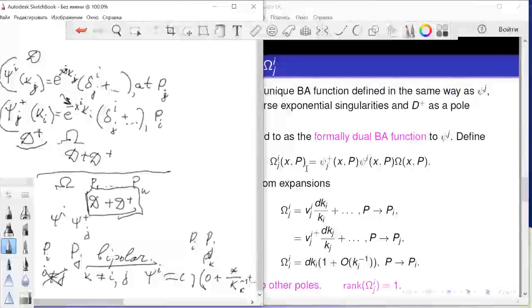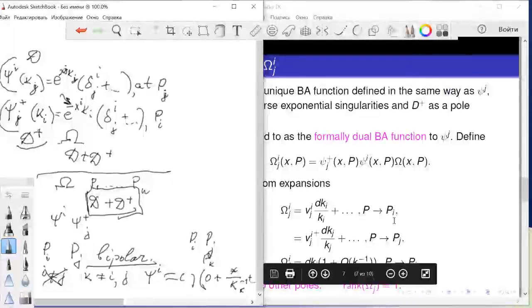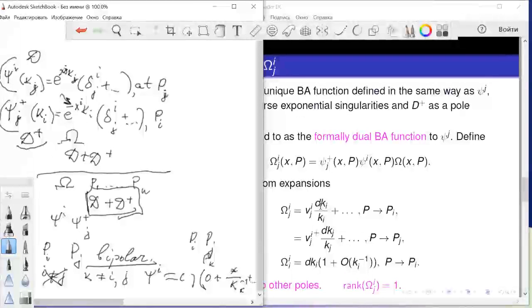This differential is just bipolar, and from the expansion it's completely clear that Vij is given just by the residue of omega ij at the point pi. So we can read our solution just from the differential omega ij.